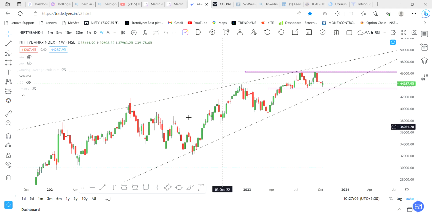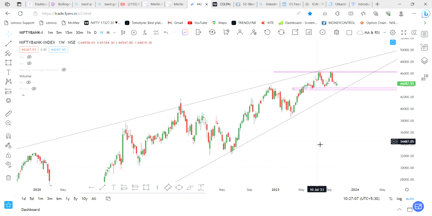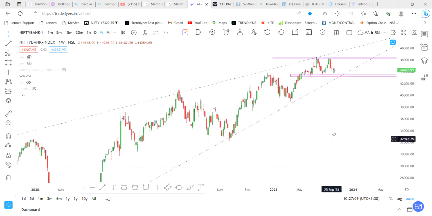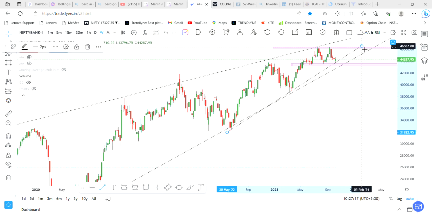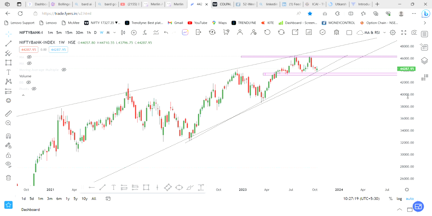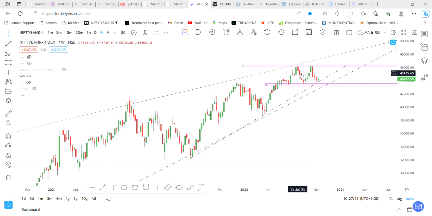Okay, and on the weekly chart, can we draw some more? Let's see. I'll try to draw one more trend line based on these two swings. If you see, right now the market is taking support at these two swings. These are intermittent swings, so I won't consider these as swings.